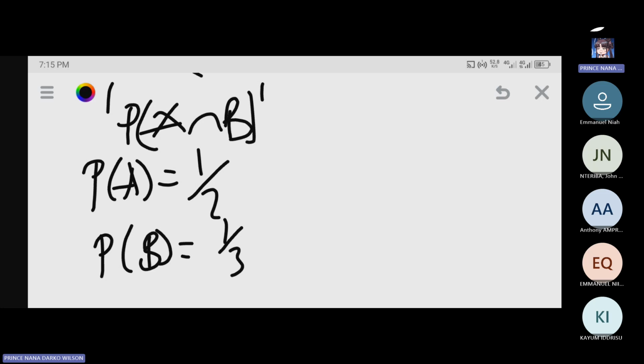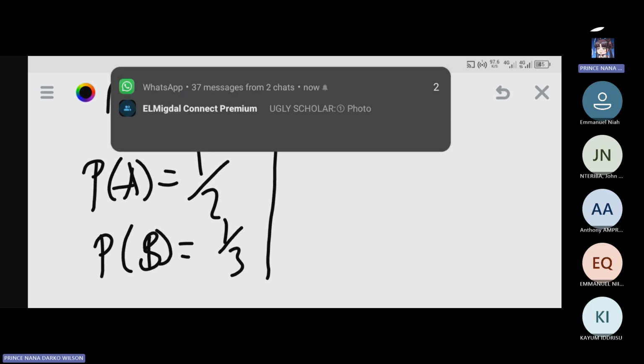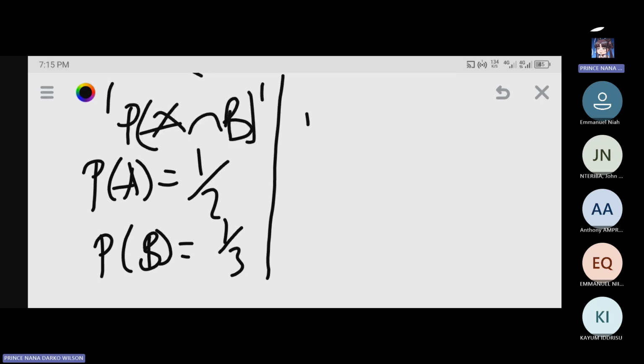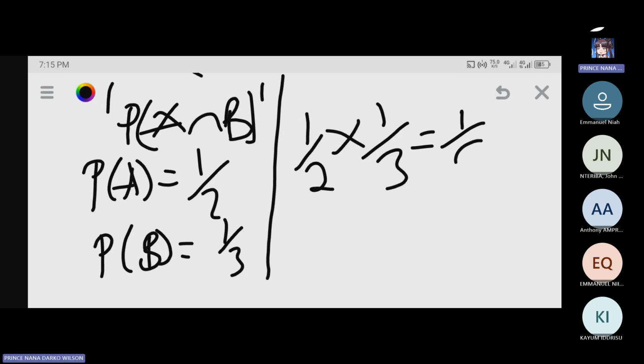That's what you go by whenever you see an intersection or finding A and B. You just multiply both probabilities. So the probability of A intersection B is going to be the probability of A, which is 1/2, multiplied by the probability of B, which is 1/3. Multiplying these two values gives you exactly 1/6.